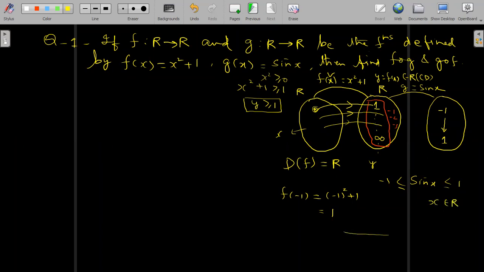You know that because you have seen sin 0 degree is equal to 0, sin 90 degree is 1, and like this the graph will touch -1 and +1. The maximum value is -1 and +1.